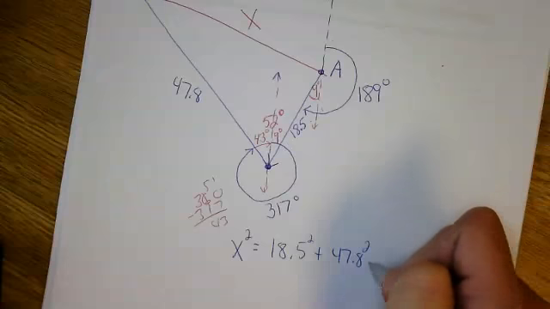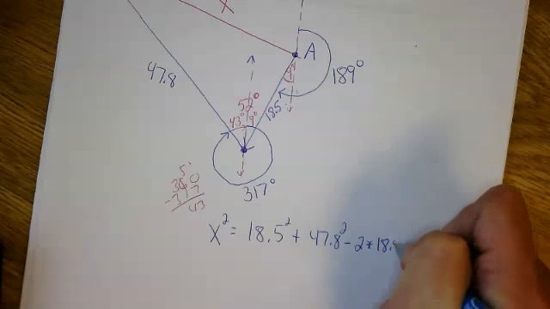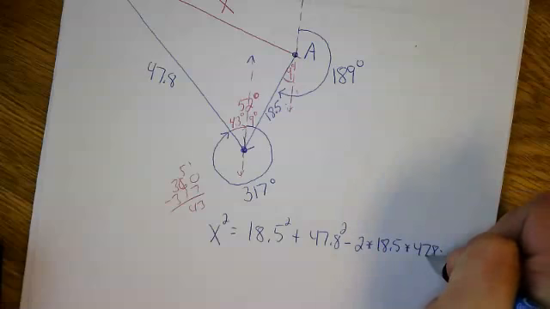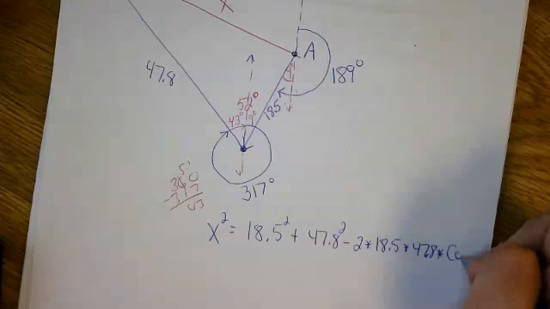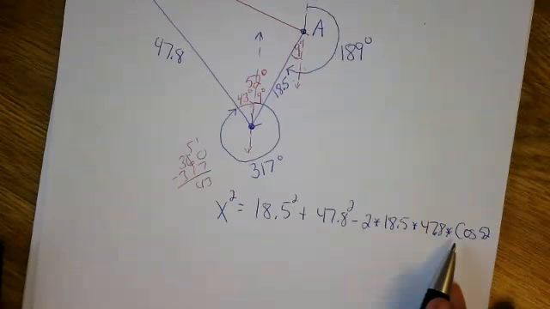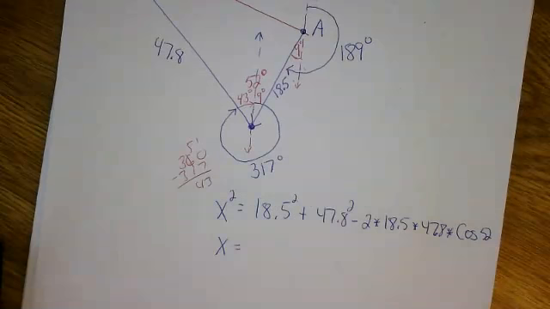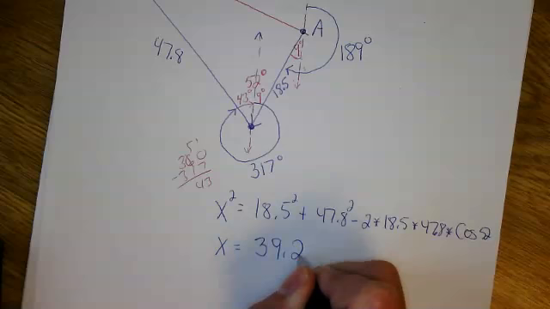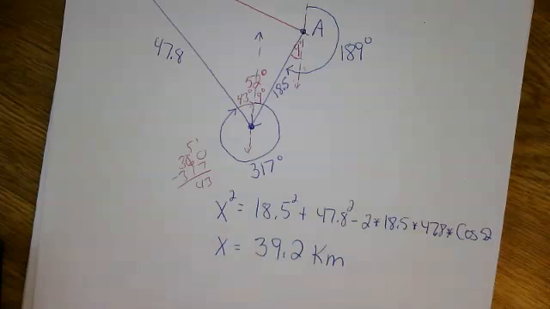And then we subtract 2 multiplied by each of those, 18.5 and 47.8, and then multiply by the cosine of the angle between them, 52. And remember, that will be x squared, and then you take the square root. Not going to take the time for the calculator work, and you should be able to get 39.2 kilometers. And that's it for trig.